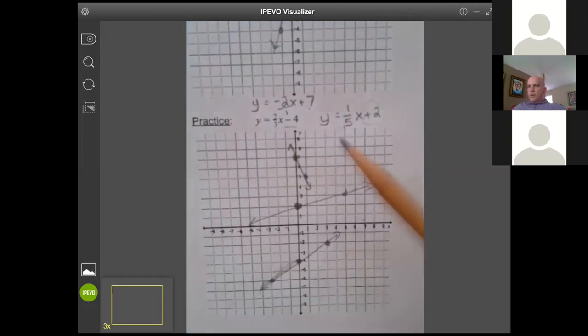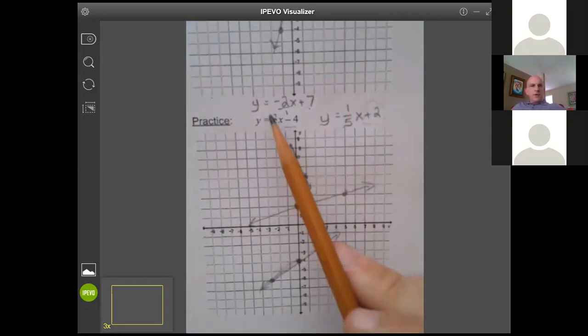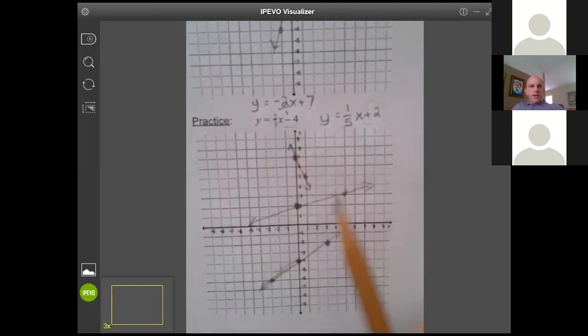All right, so let's notice a couple of things. Both of these slopes, this one and this one, are positive slopes, and as we go left to right, they are going up. Notice they both go up as we go left to right. This negative slope is going down as we go left to right.